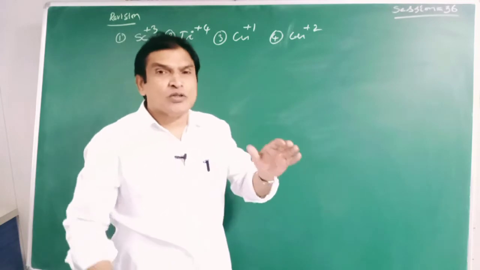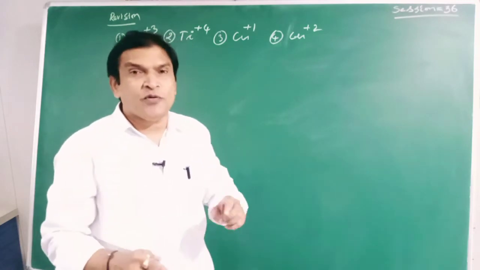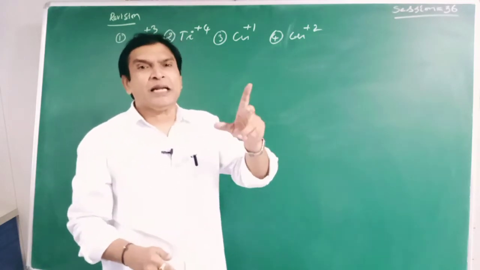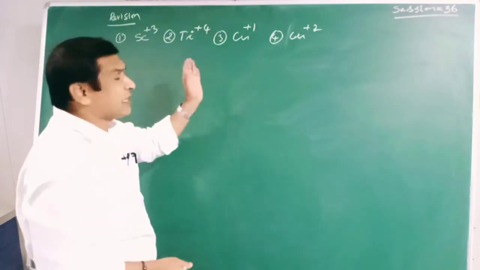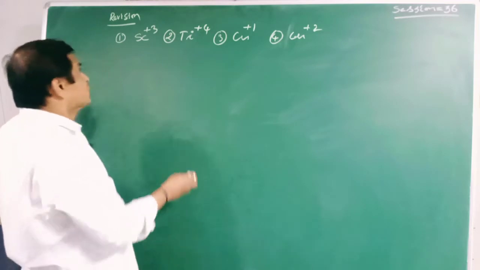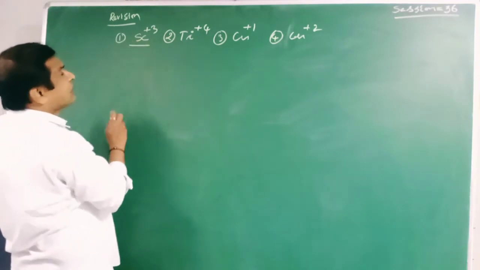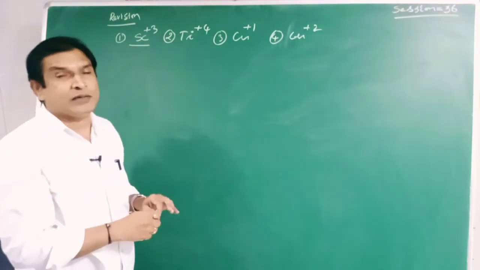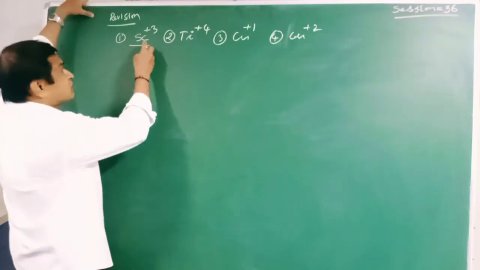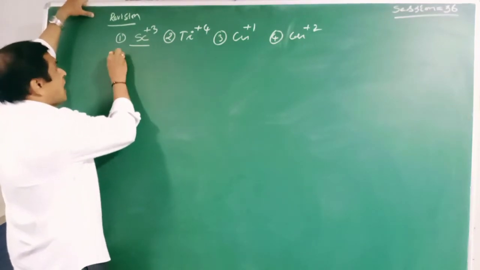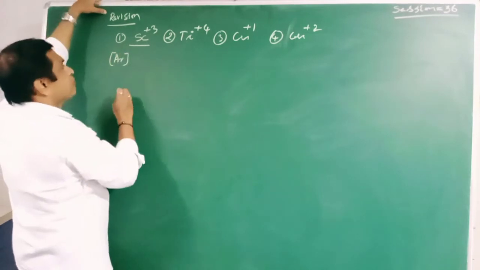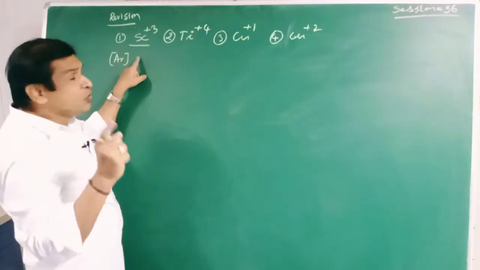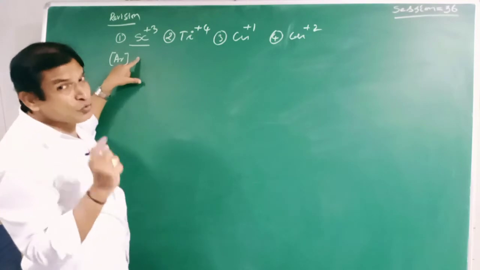To identify the paramagnetic nature, we have to identify which species contains unpaired electrons. Scandium plus 3: the atomic number of scandium is 21, and its configuration is argon 4s2 3d1.